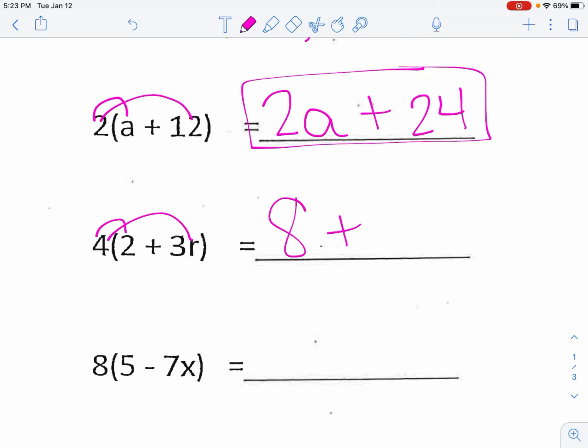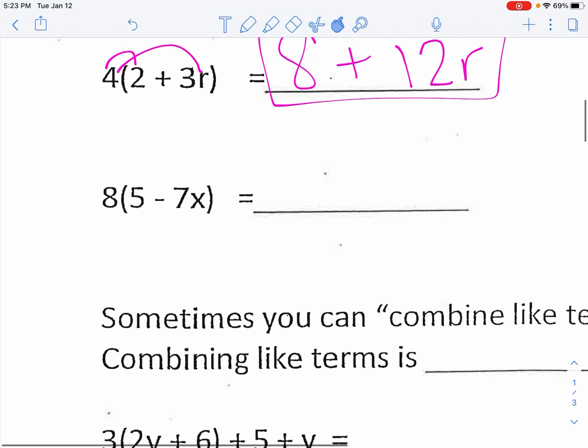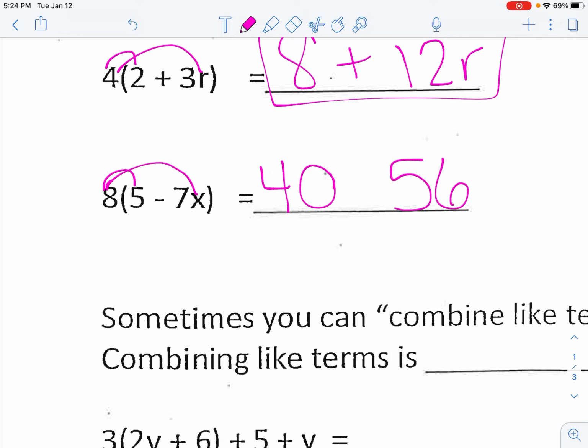And 4 times 3r is 12r. Eight times 5 minus 7x. Multiply 8 times 5 and multiply 8 times 7x. That's 56x. Since there was a minus sign inside the parentheses, there needs to be a minus sign in your answer.